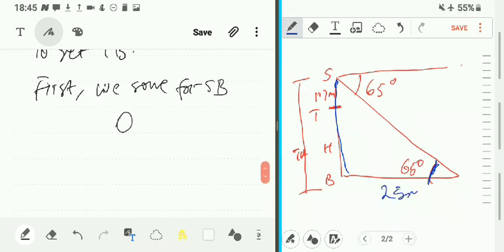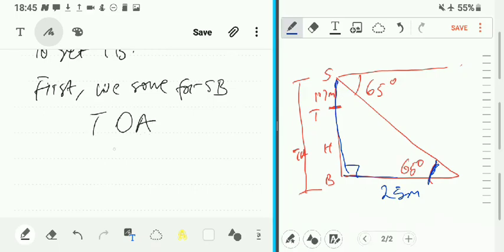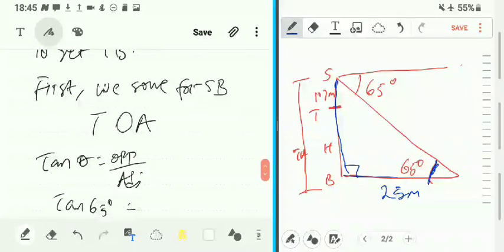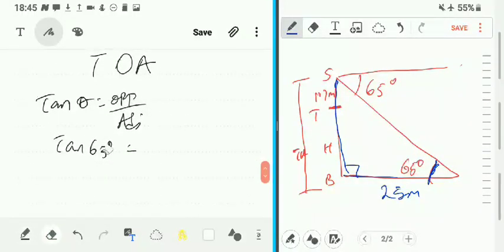This side was also given as 25 meters. Now, how does this given side correspond to this angle? It is an adjacent side, so I'm going to be using the tan ratio. So tan theta is opposite over adjacent.